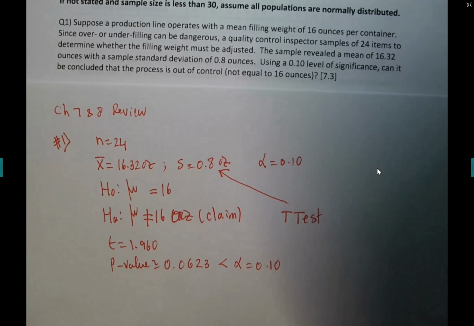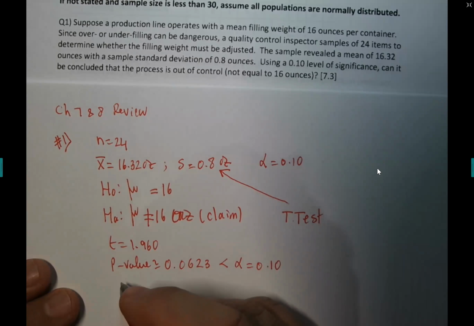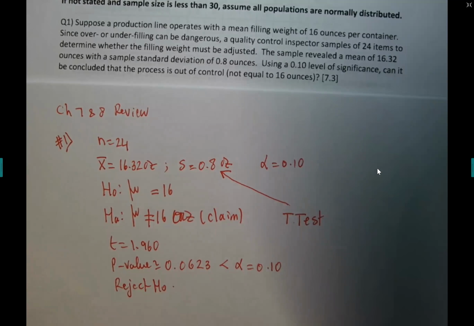And if it is less than alpha, we reject HO. And if we reject HO and the claim happens to be in HA, we support the claim.